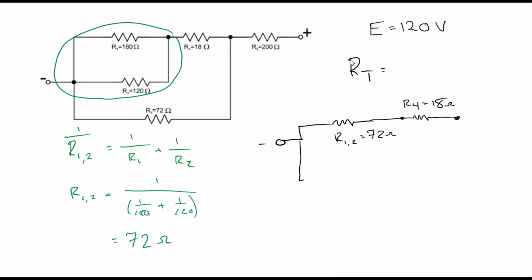I keep forgetting to draw the resistors in. R3 is still 72 ohms. And then I have my R5, which is 200 ohms. And I continue on from here.